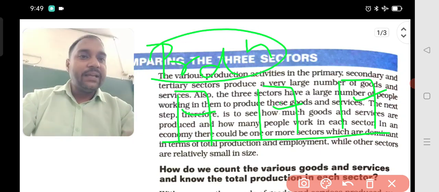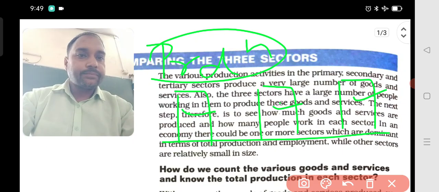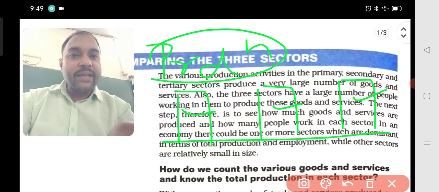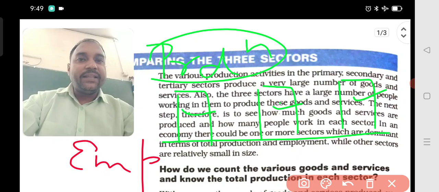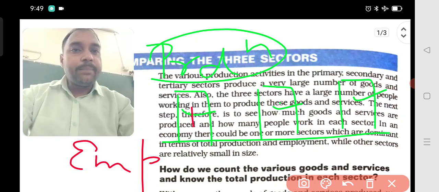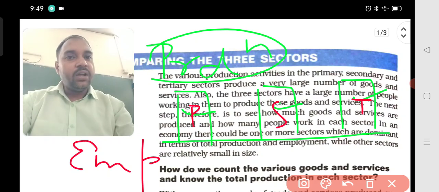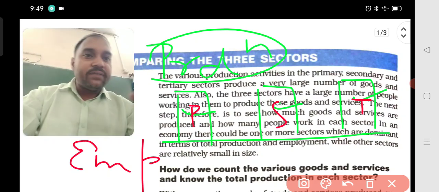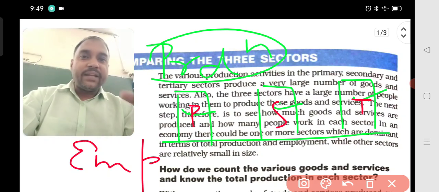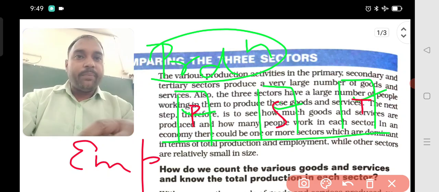Or second thing is, on the basis of employment, is the employment provided by each sector, primary, secondary and tertiary, the same, equal, or again is there a dominance of one sector over another in providing the employment.